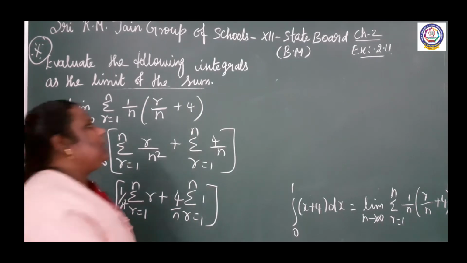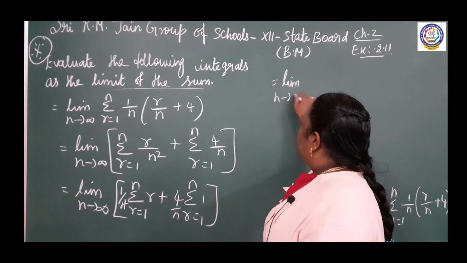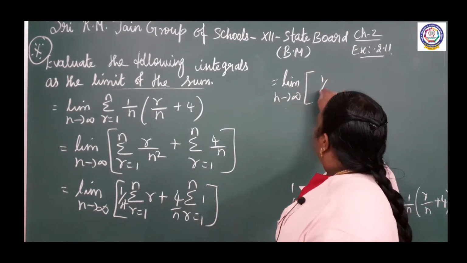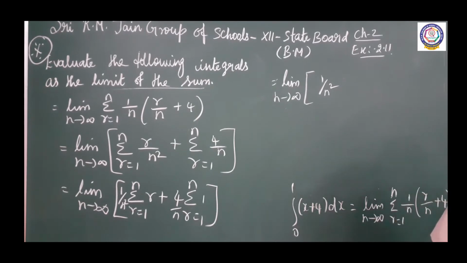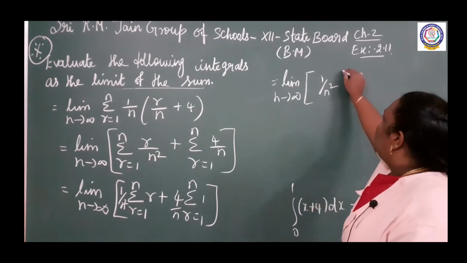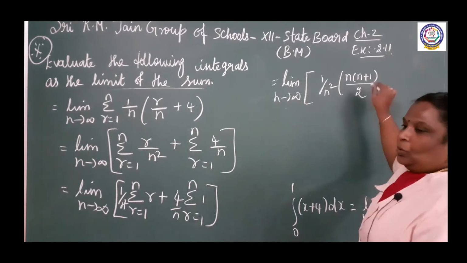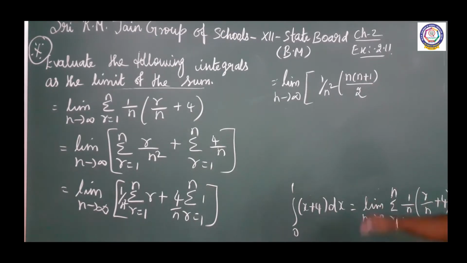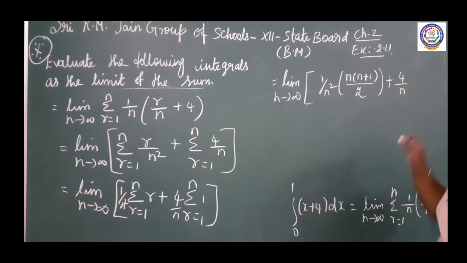So what is the value? See here, limit n tends to infinity, 1 by n square into sigma r equal to 1 to n, r, the value is nothing but n into n plus 1 by 2, plus 4 by n into sigma r equal to 1 to n, 1, the value is what?